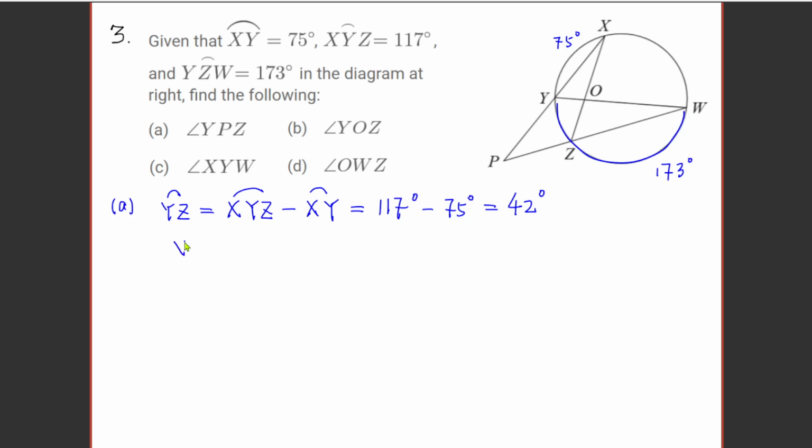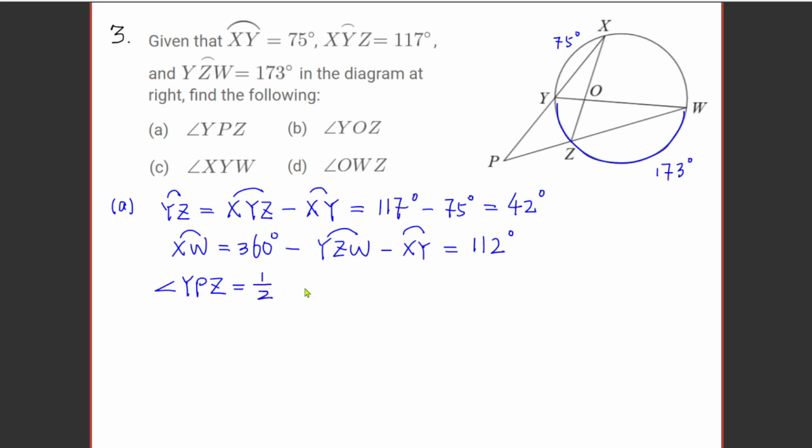And we also have arc XW equals 360 degrees minus arc YZW minus arc YZ, and this is 112 degrees, right? And then we have angle YPZ equals half of the difference between the arc XW and the arc YZ, right? This is what we have learned in our previous lesson. So this gives us 35 degrees. Did you get it?